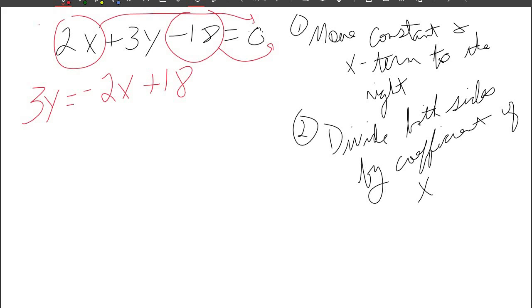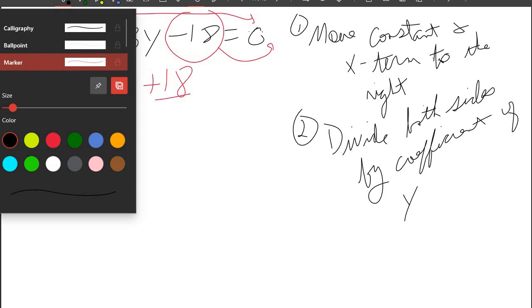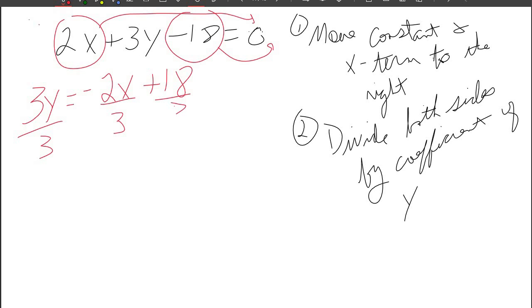That's the first step. Second step, divide both sides by the coefficient of, I put coefficient of x. That should be, let me change that. It should be a coefficient of y. Divide both sides by, in this case, 3.